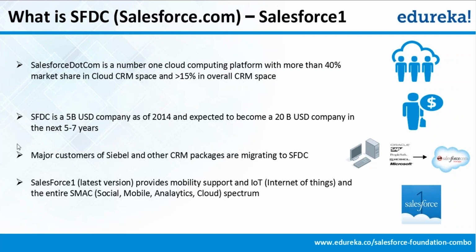And of course they also support Internet of Things and connected devices, all of that. They are a very rapidly growing company, around 30% compounded annual growth. The target is to become a 20 billion company very soon, in the next 5 to 6 years, whatever.